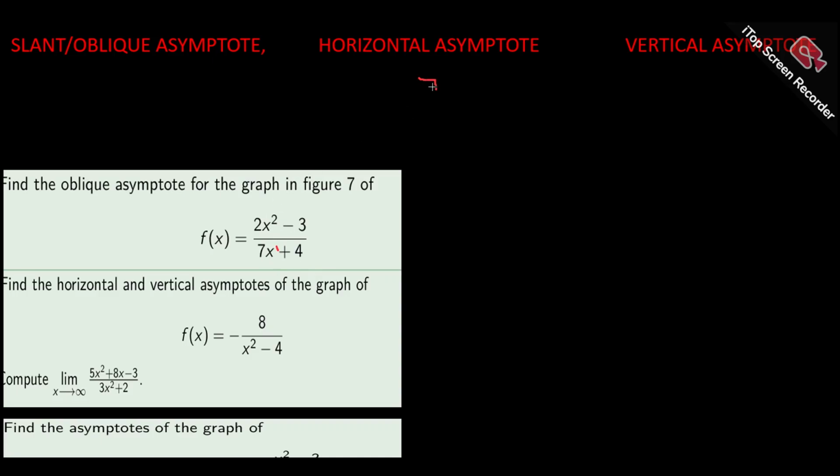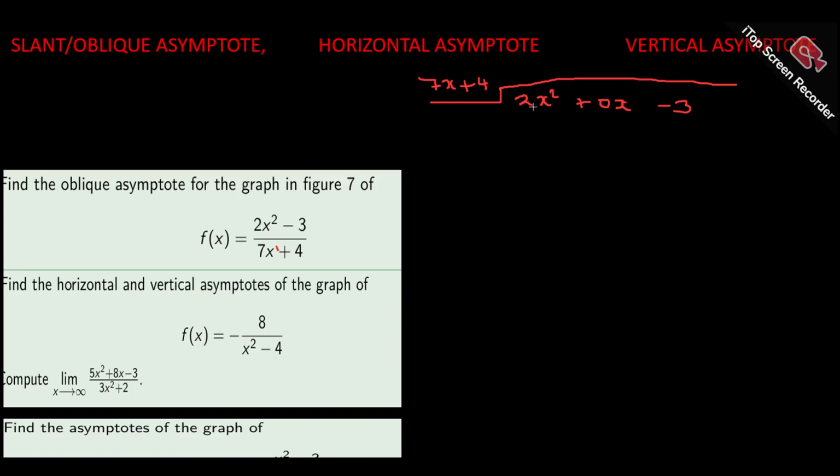So you have 5, you have 7x plus 4, and we're dividing it into 2x squared. Putting all the terms, we should also put 0x raised to the power 1, then minus 3.